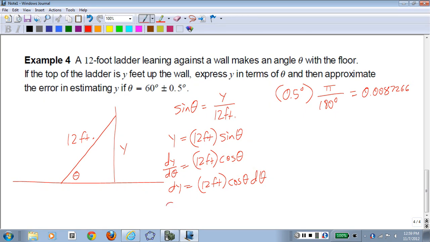So dy equals 12 feet times the cosine of 60 degrees times 0.008726.